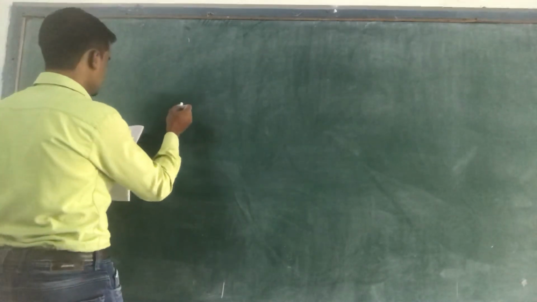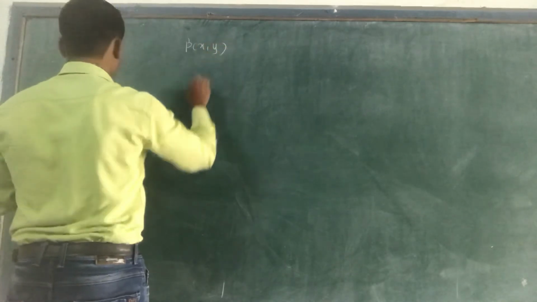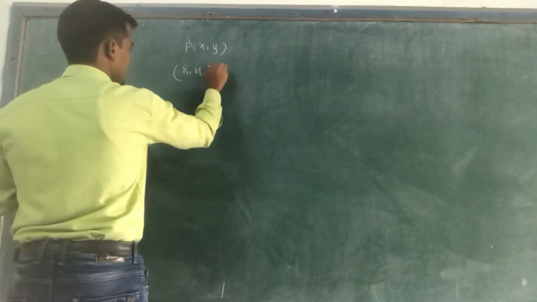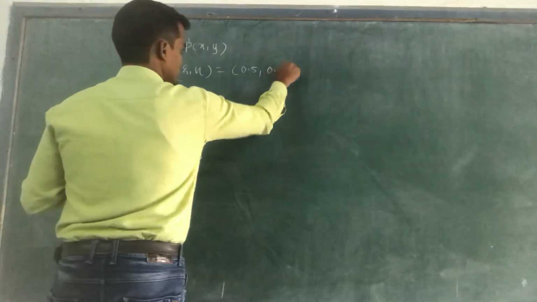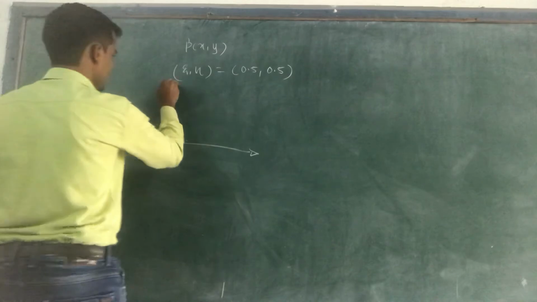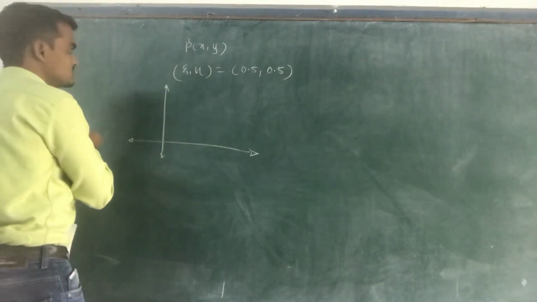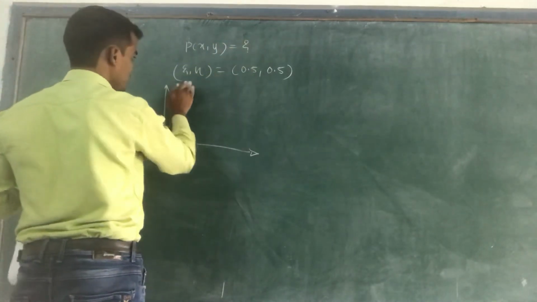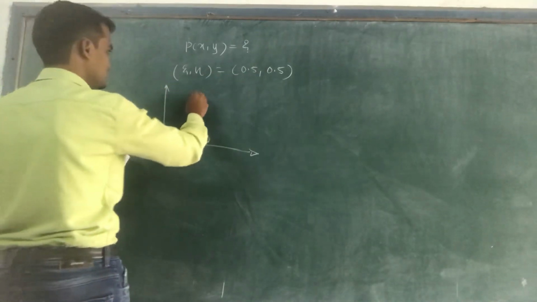Determine the Cartesian coordinates for the point P (x, y) with natural coordinates zeta and eta equal to 0.5, 0.5 from the diagram given. As we know, Cartesian is nothing but your global coordinates. So determine this x and y if the natural coordinates zeta and eta are given as 0.5 and 0.5 with this diagram.